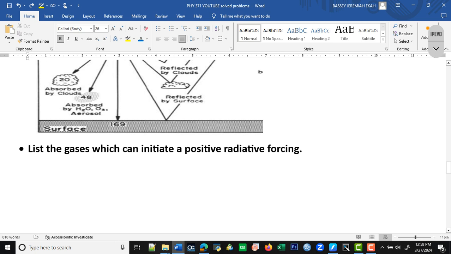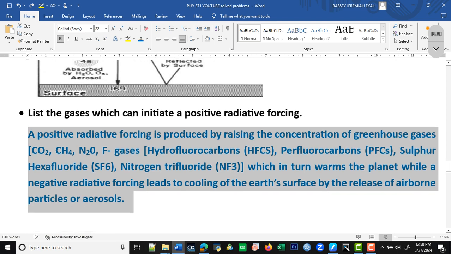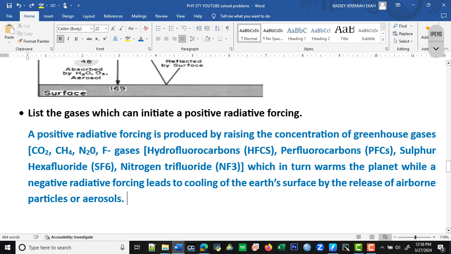We've listed the following. A positive radiative forcing is produced by raising the concentration of greenhouse gases. Here we have CO2, CH4, N2O, and the F gases.